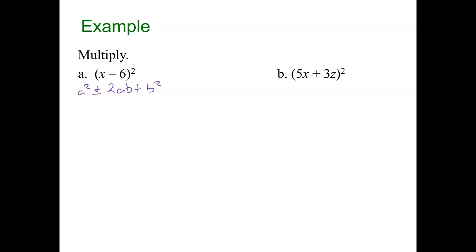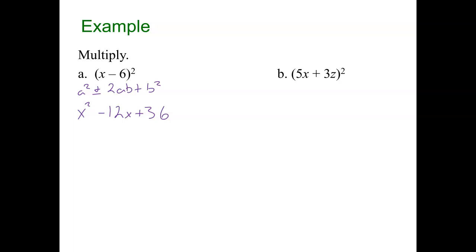So I can do x squared. What's b? Square it. Multiply them together. What's x times 6? 6x. Double it. 12x. Negative 12x.